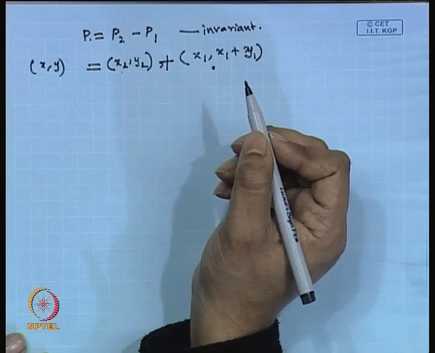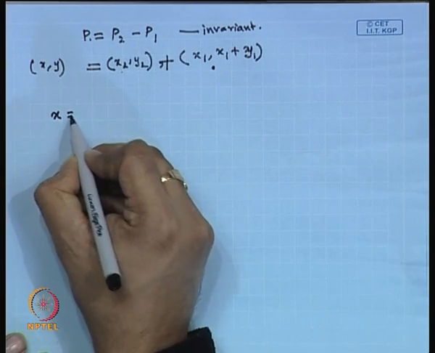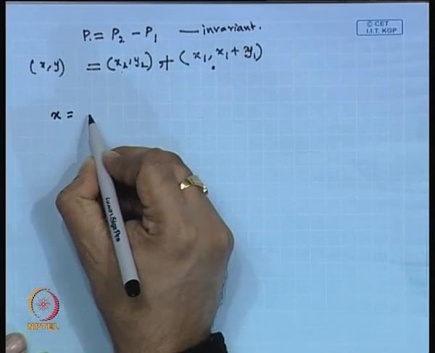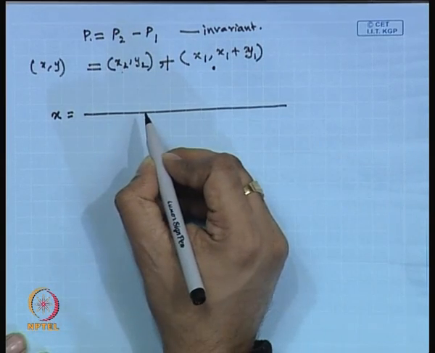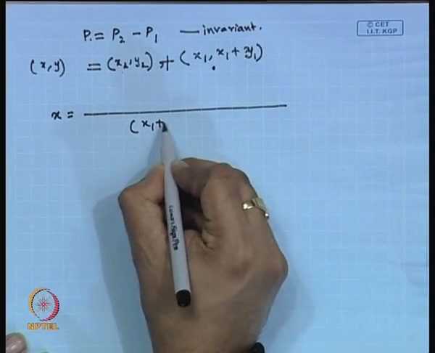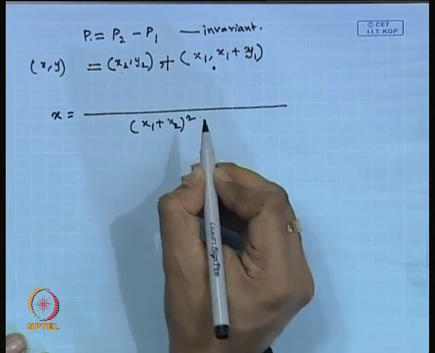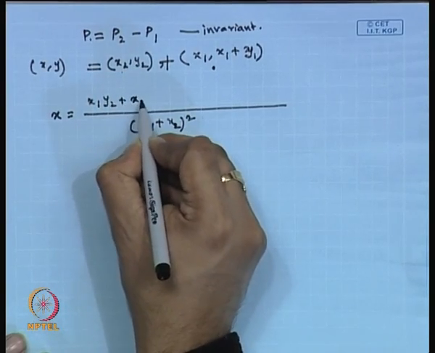Okay. So, therefore, we know that from here your x, you can actually write this x as (x1 plus x2) whole square into x1y2 plus x2.